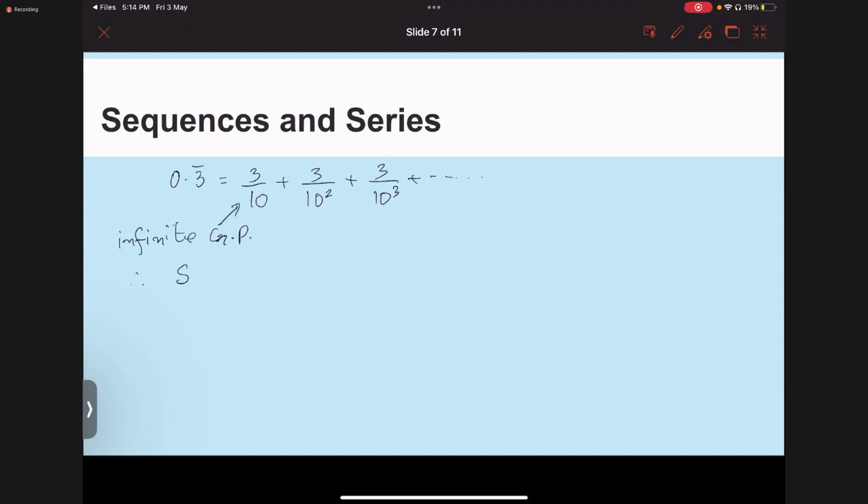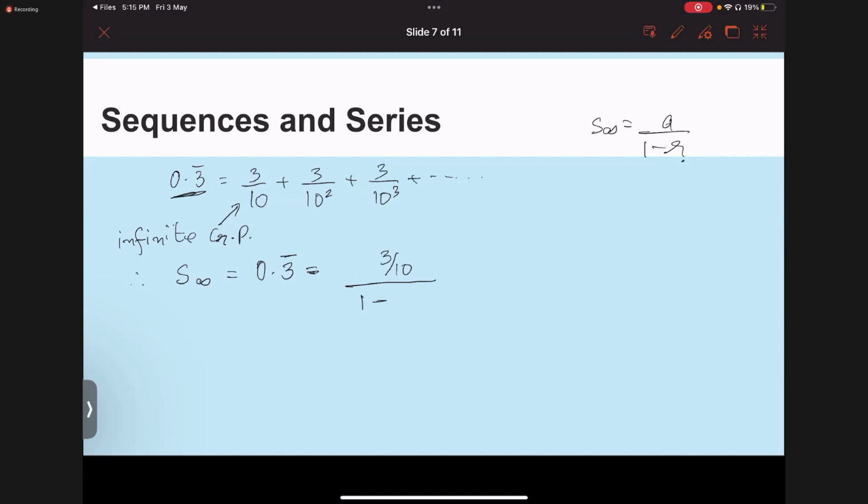Therefore, S infinity is going to be equal to... and we know that the sum is actually going to give you this value, but we want to find it in the rational form. So now we can just write the infinite formula. So what is the formula? A upon 1 minus R. So we know our A is 3 by 10 upon 1 minus R. Why 1 minus R?